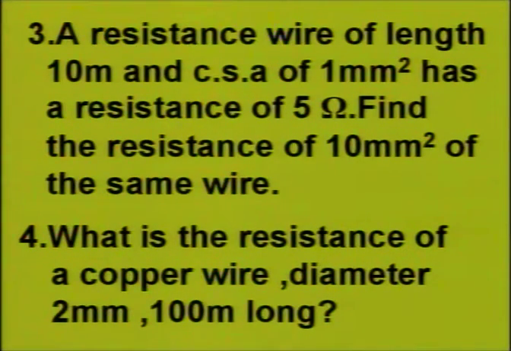Did I do this right? 10 meter over 1 divided by 1 meter equals to how many? Equals to 5. So 10 millimeters equals to x. And then what did you get? 10 over 1 times 10 over 1 times 5 over x.